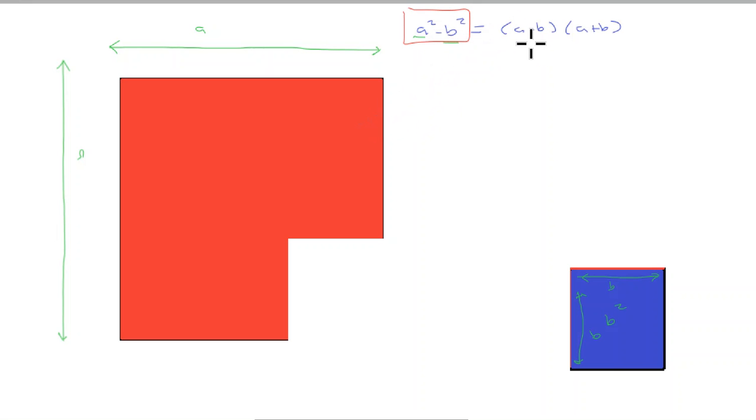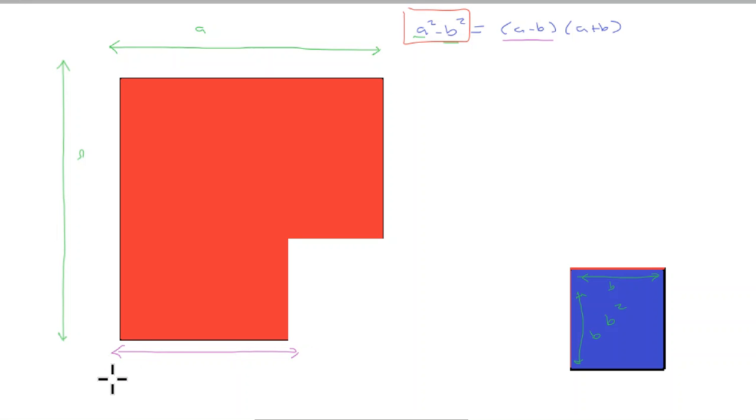So a minus b, can we find that anywhere within this shape here? If I do it in a different color, we'll try this purple. So where do we have a minus b? Well, if we think about this dimension from here to here, what dimension is that? It's the full dimension.